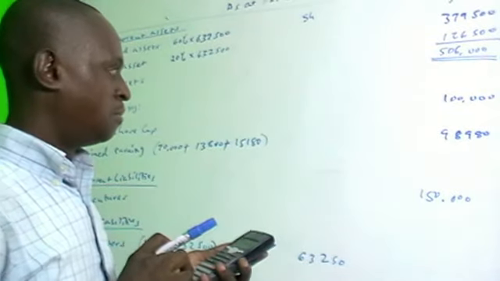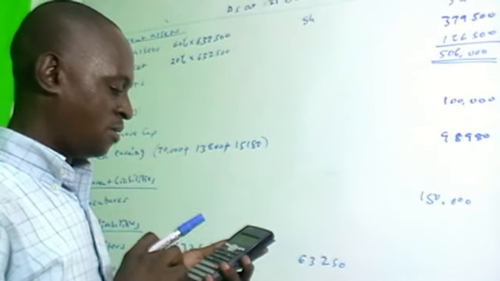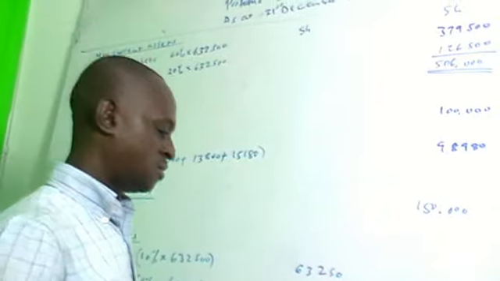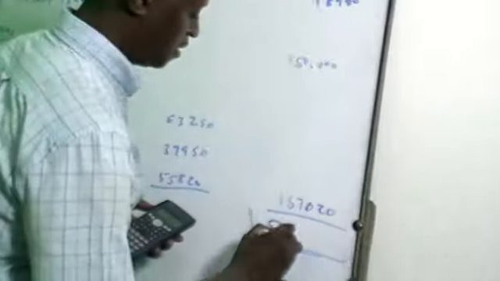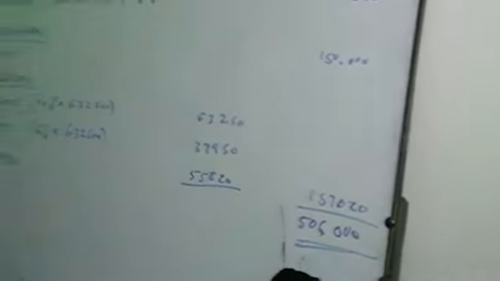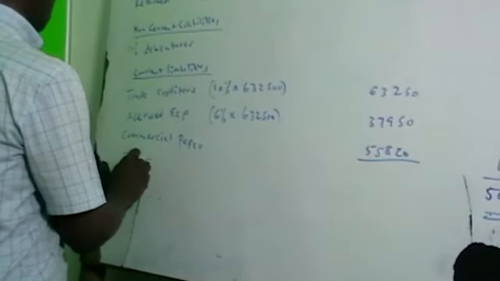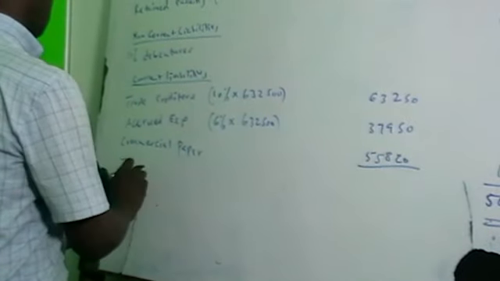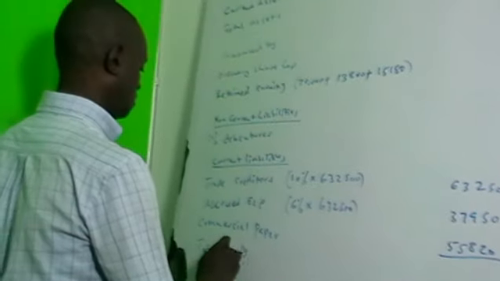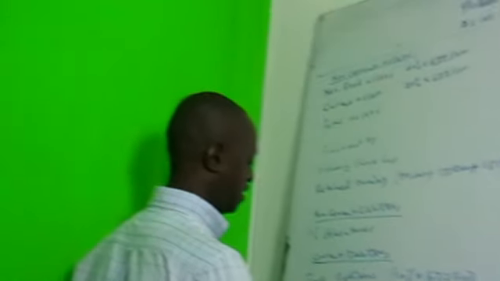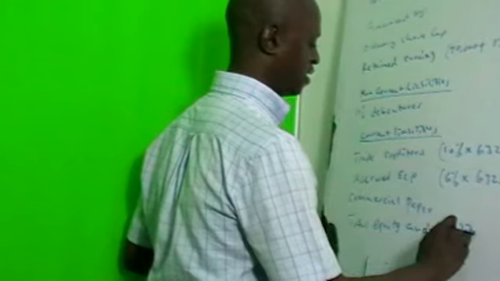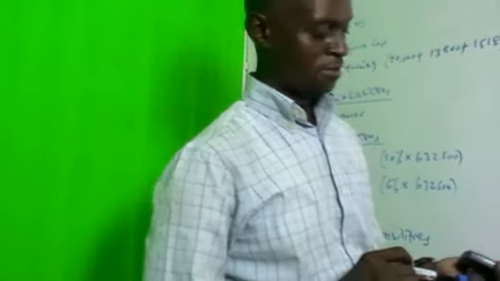You add 98,980 plus 100,000. Yes. So we have here 506,000. So this is total equity and liabilities.